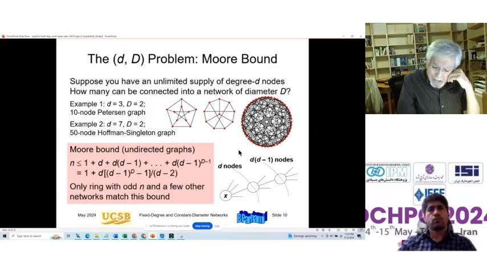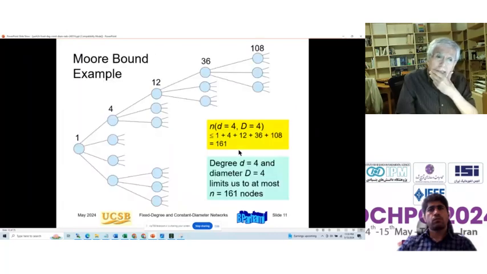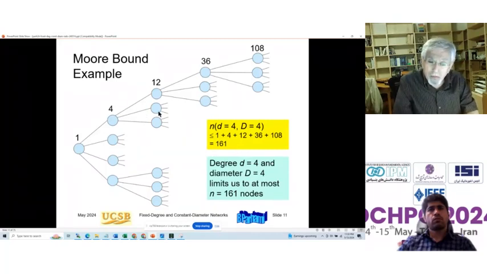And the best we can do is to try to approach what is known as the Moore bound. So the Moore bound says, if I have degree 4 nodes, then here's one of the nodes. That node has 4 neighbors. That's degree 4. So there are 4 neighbors. Each of those 4 neighbors will have 3 more neighbors because the degree should be 4. One of the links is already used here.